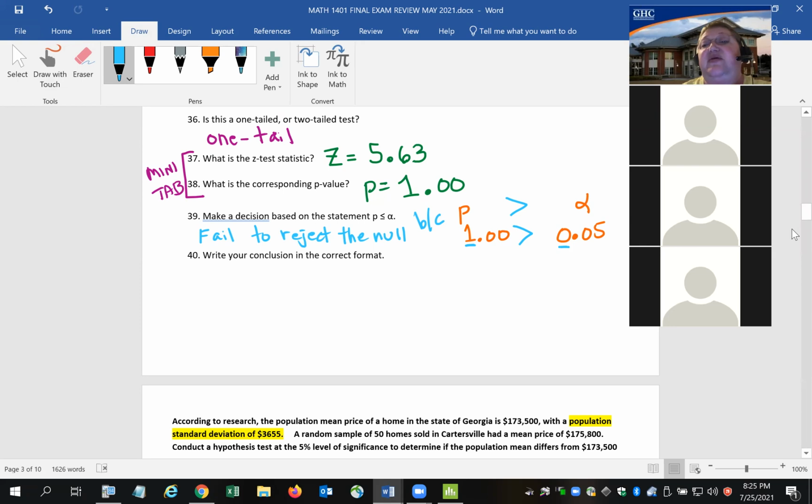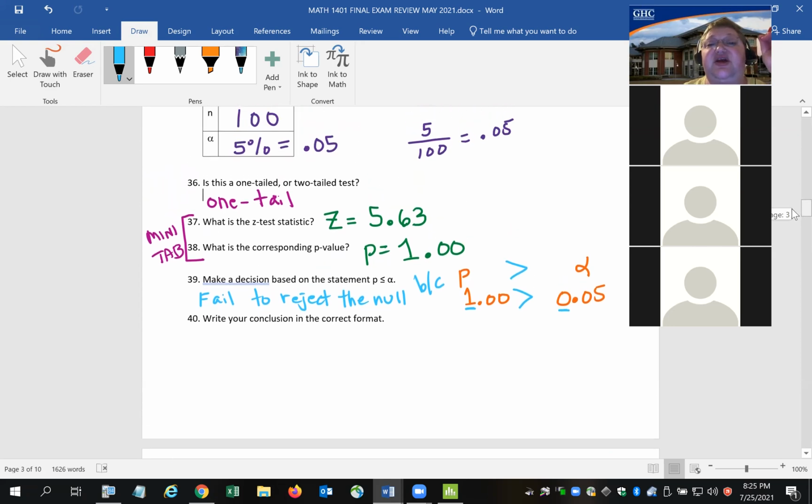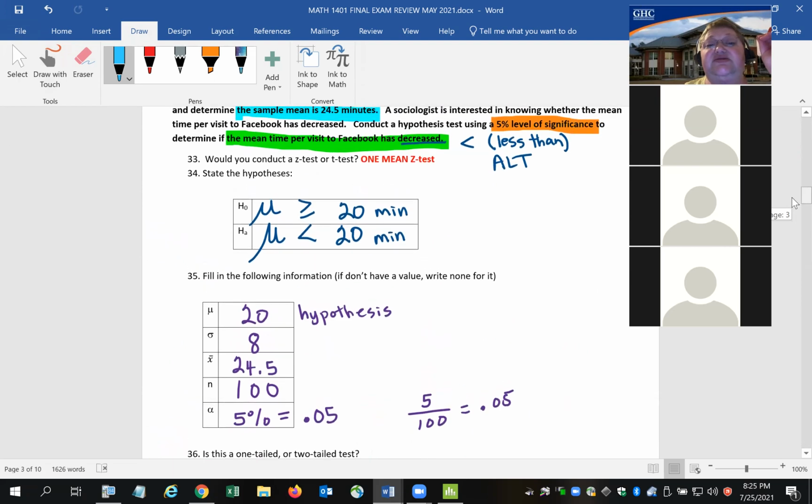And Leanne, this is the part that you asked me about. Okay, so I got to think this through. It's a thinking through process. If I fail to reject the null, if I go back up here to the top, what that means is that this null statement is true and the alternative is false.